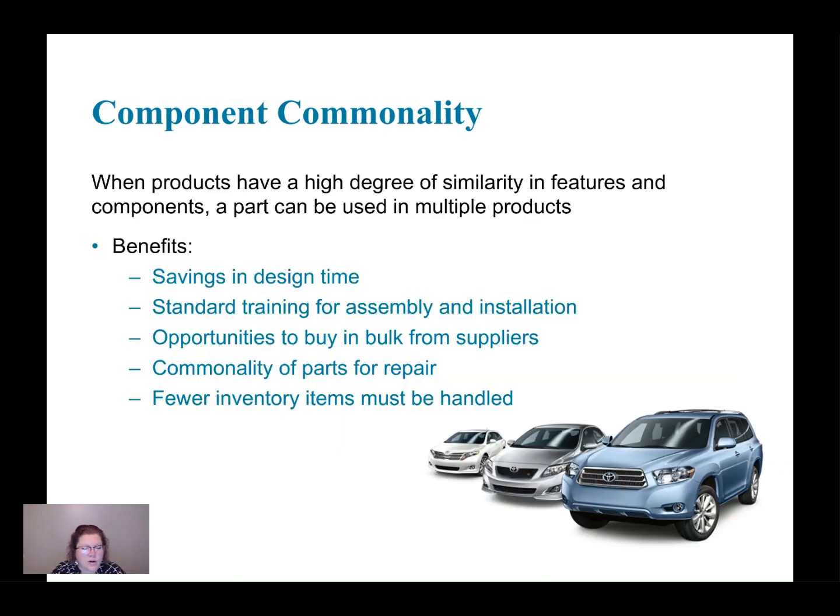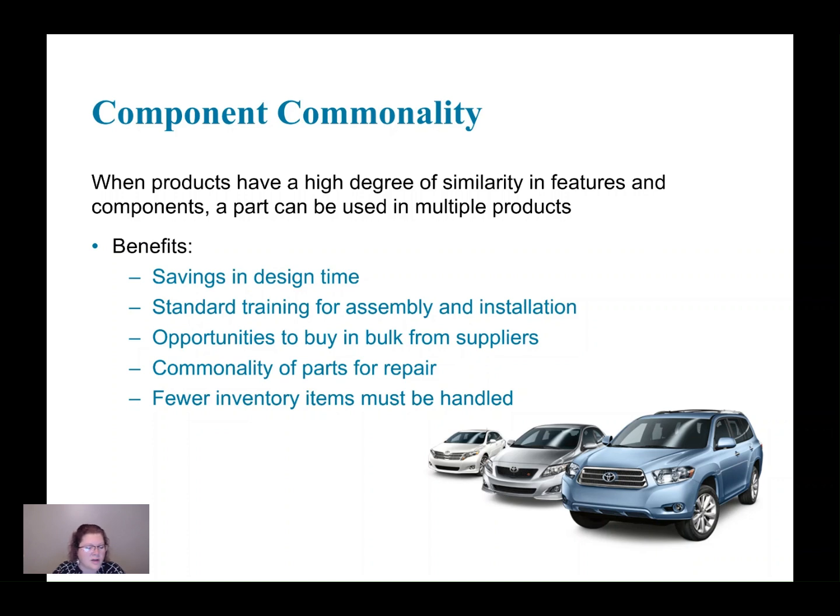And then a final method that we use to try to help our customers feel like they have variety, but without overcomplicating our operations, is what's called component commonality. This is where you have multiple product lines, but they share a lot of similar components. We see this in our auto manufacturers very frequently.